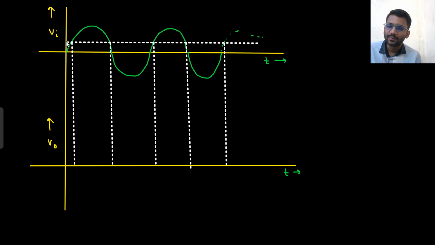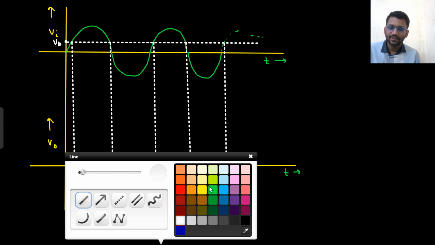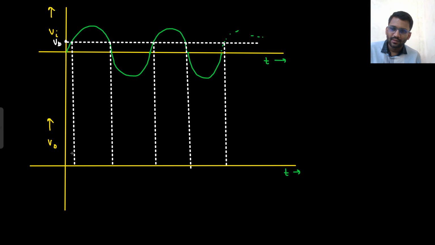So let's assume this point is VB. Then for all values greater than VB, your V naught will go to VB only.